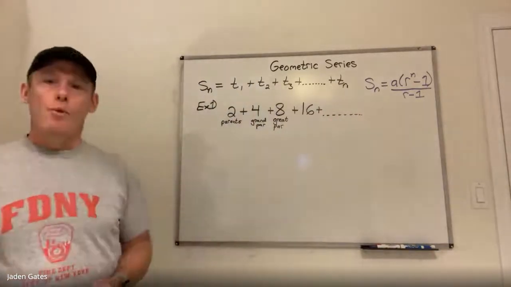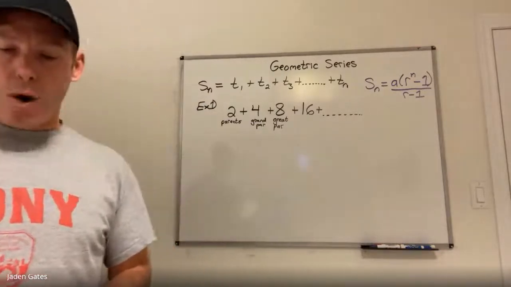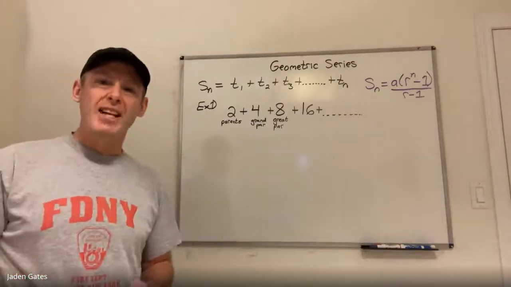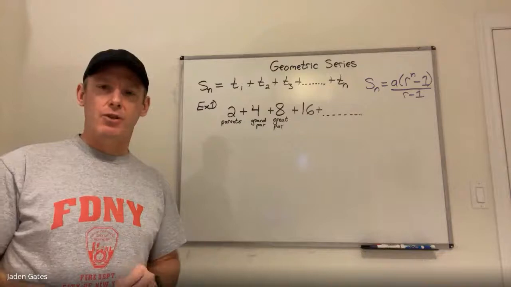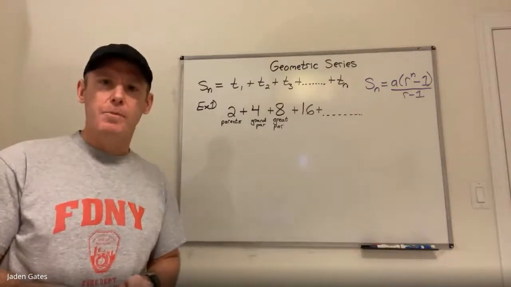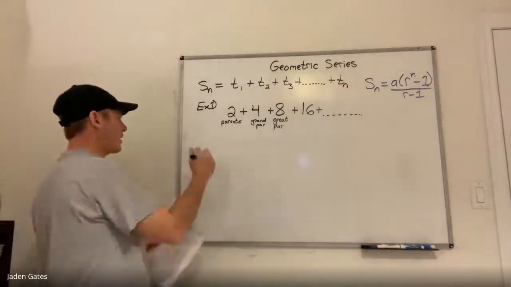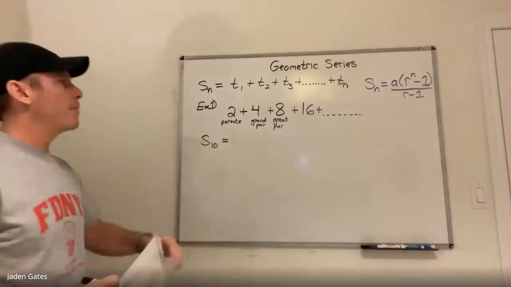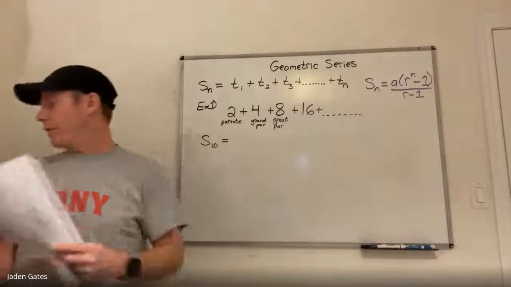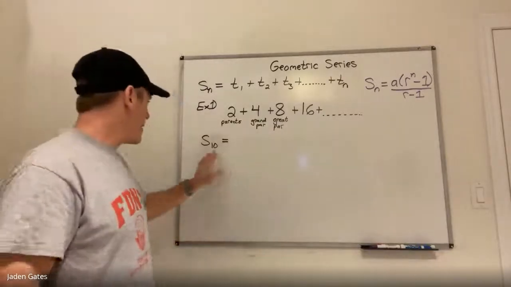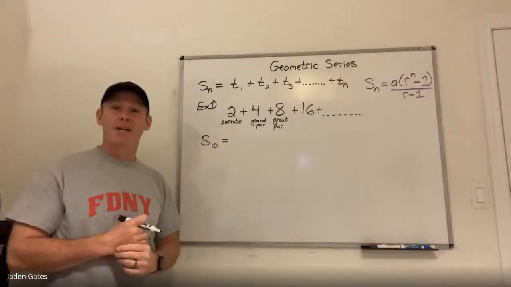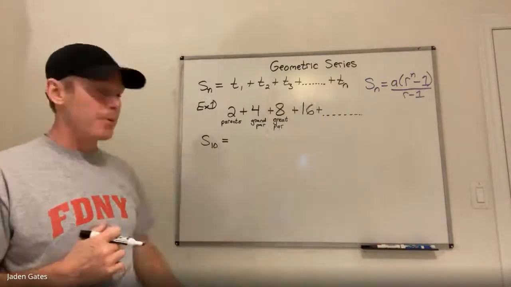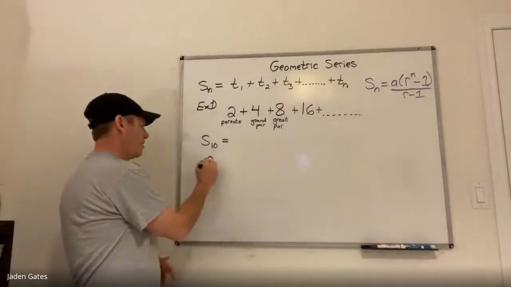And what we're looking for is, what would the sum of 10 generations be, how many ancestors would you have 10 generations back? And so what we're looking at is finding S of 10. Now, if I'm using my summation formula over there, because we're finding how many ancestors we have 10 generations back, our n is 10.